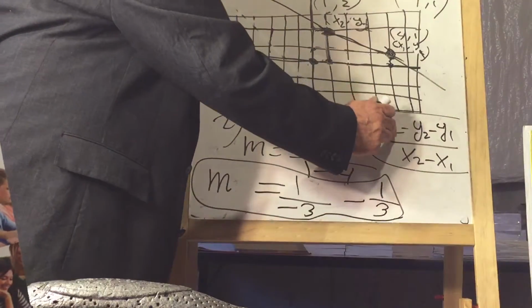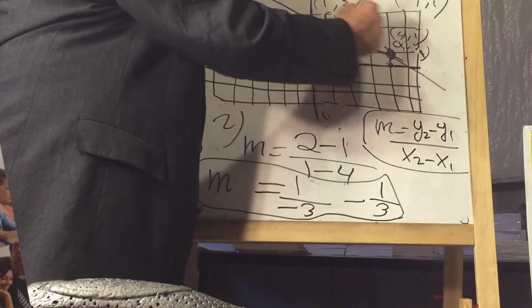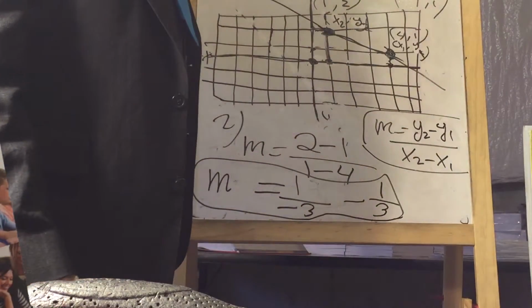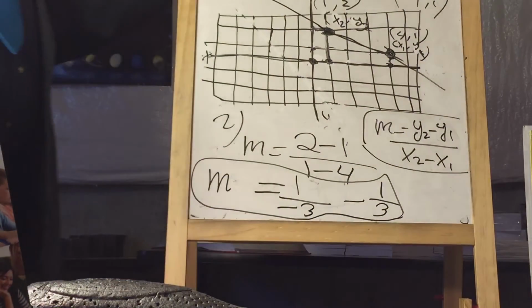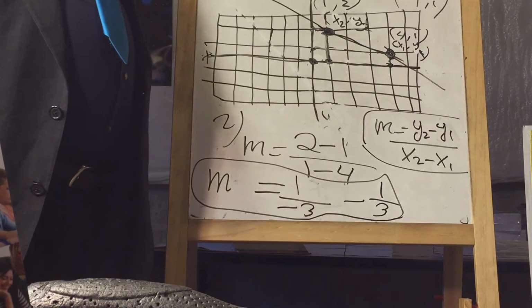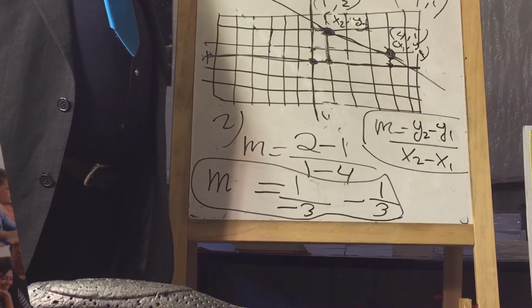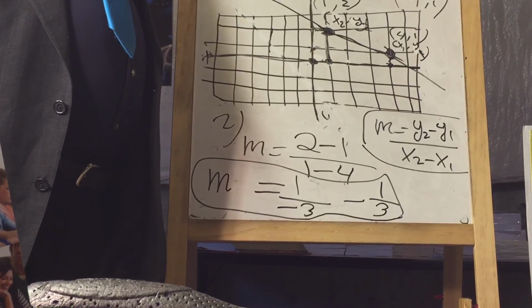But you have to know this formula, and you have to know how to figure out where the values are on the graph. I'm going to give you a second to look at it. You can rewind the video if you need to.